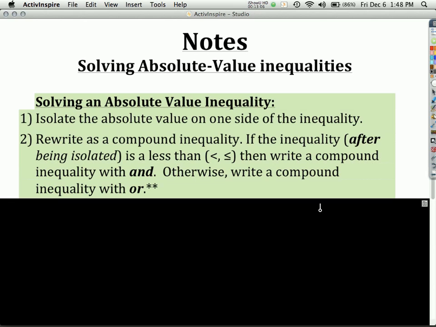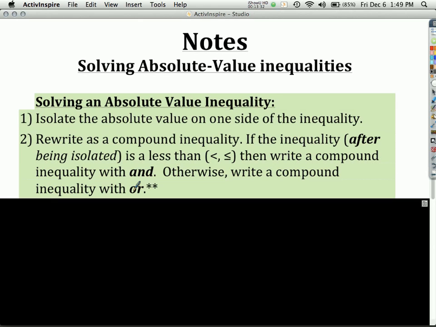Step 2 is where we find the hidden compound inequality. And here's how you know. If the inequality, after being isolated, is a less than symbol, then we rewrite it as a compound inequality with the word and. If it's a greater than symbol, then we write it as a compound inequality with the word or.